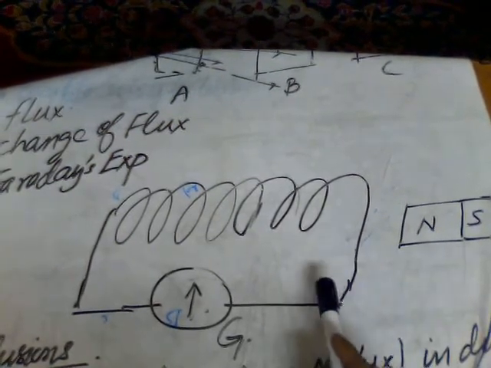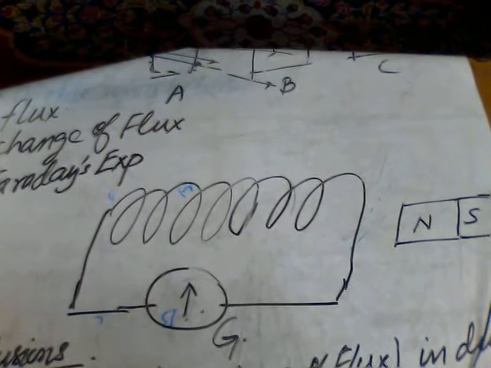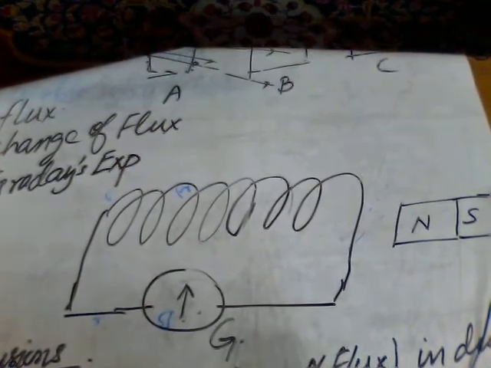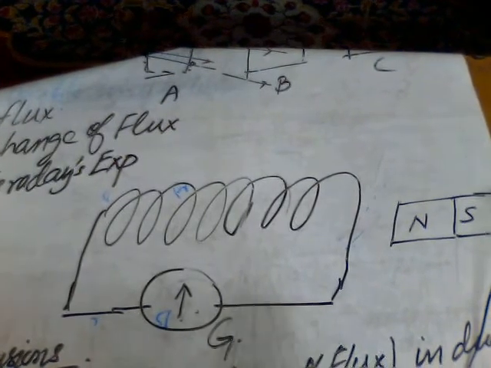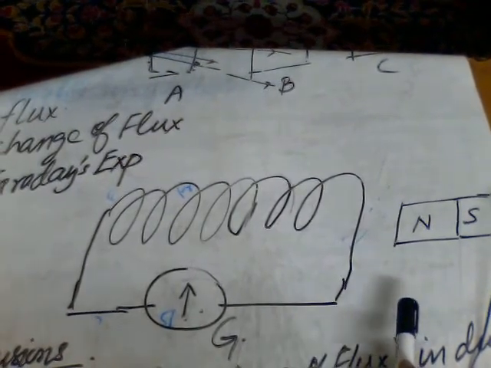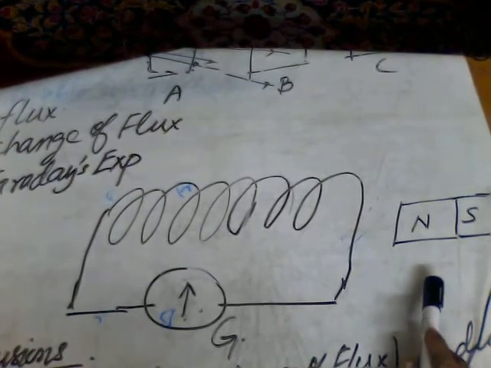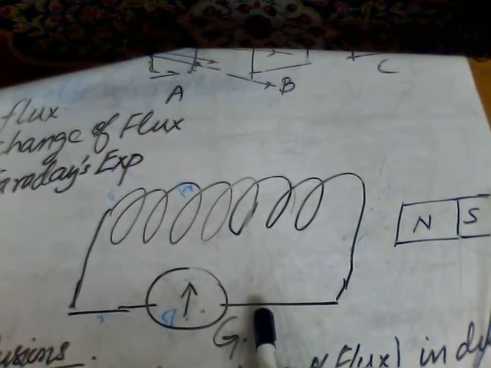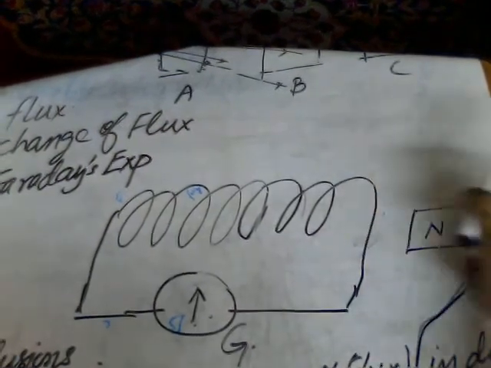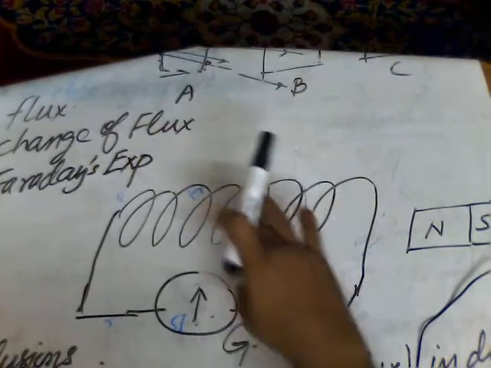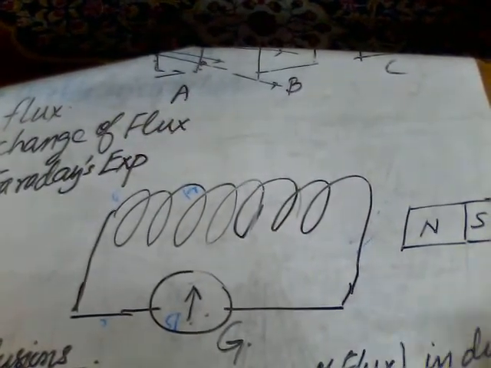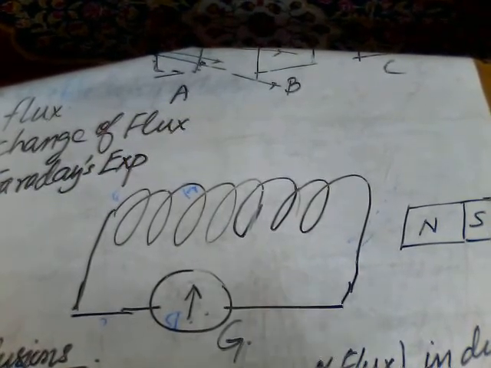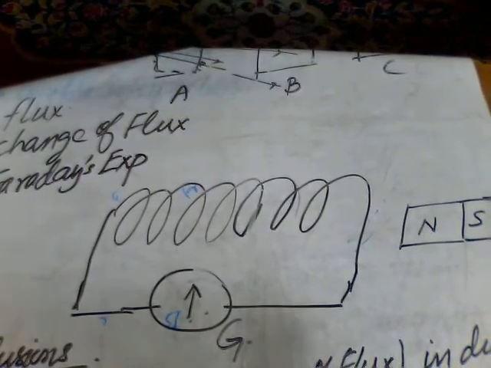On the basis of this experiment, we have some conclusions. Relative motion means we may move the magnet or we may move the coil. Relative motion between the two will cause a change of flux. Is it clear?